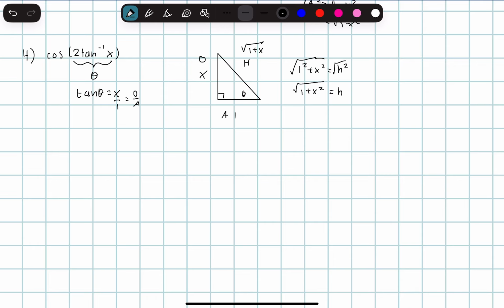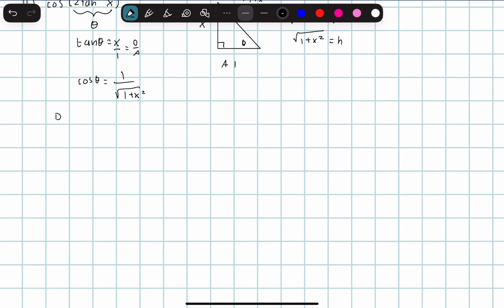Now, yeah, so now we have that cosine of theta is equal to 1 over the square root of 1 plus x squared. Okay, but now we have to use the double angle identity.